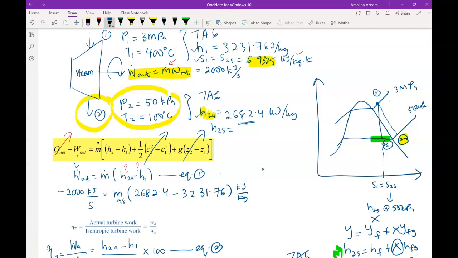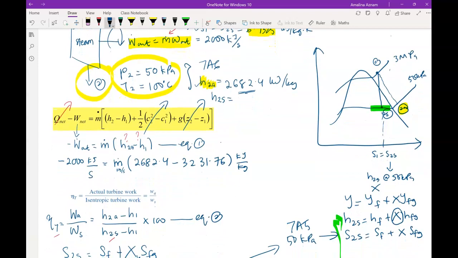Okay, so we do the mathematical arrangement so that finally you will get your m dot. The answer must be in kilogram per second. Let's do that. Using the mathematical expression, you will finally get your m dot is equal to 3.64 kilogram per second.